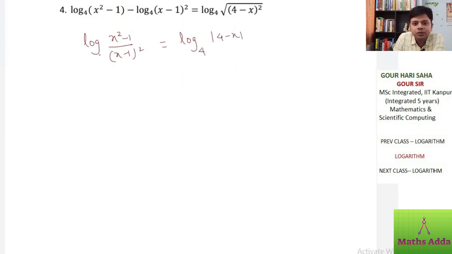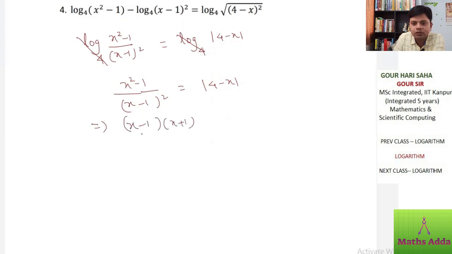Since base 4 is there on both sides, you remove it and write (x square minus 1) divided by (x minus 1) whole square is equal to mod of 4 minus x. If you go further, the numerator is (x minus 1)(x plus 1), and this is (x minus 1) whole square. One (x minus 1) will cancel out, and this is mod of 4 minus x.